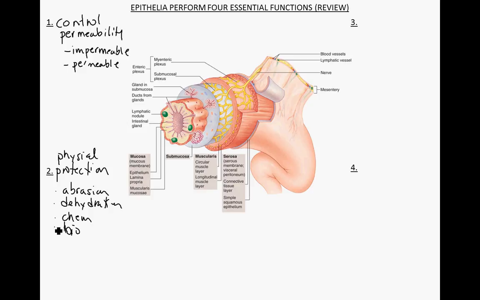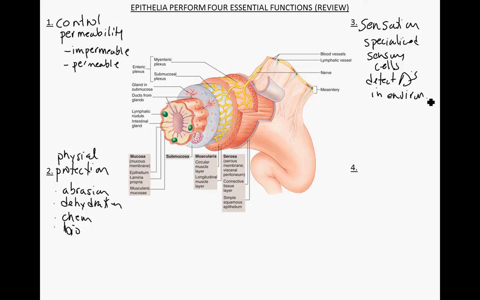We mentioned that there is neural tissue there, so they play a role in a function in sensation. So there are specialized sensory cells that will detect changes in the environment, either outside or the inside environment. So what's going on inside the body, or also what's going on outside the body.